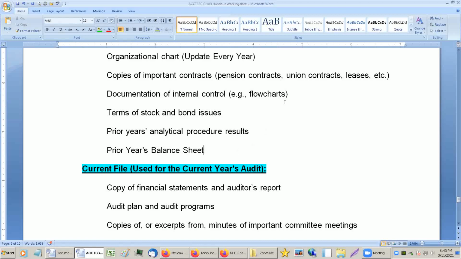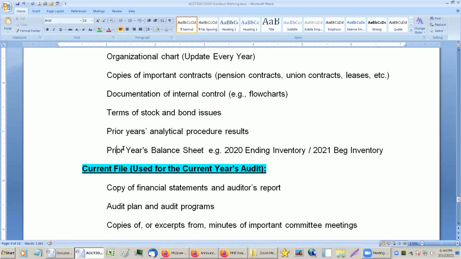So for example, 2020, the ending inventory will become the beginning inventory in 2021.